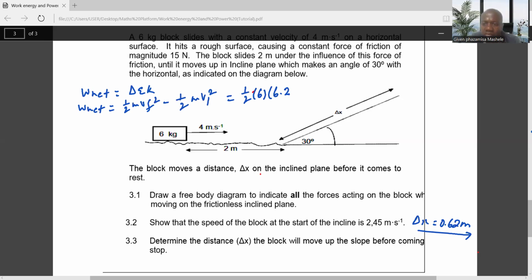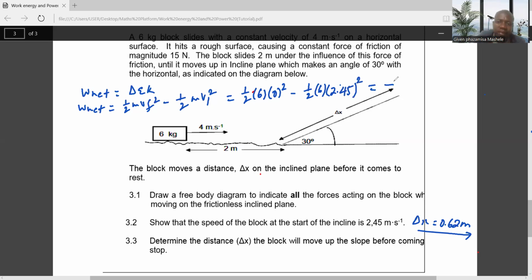The initial is 2.45, I mean to say, squared. So this will give us minus how much?